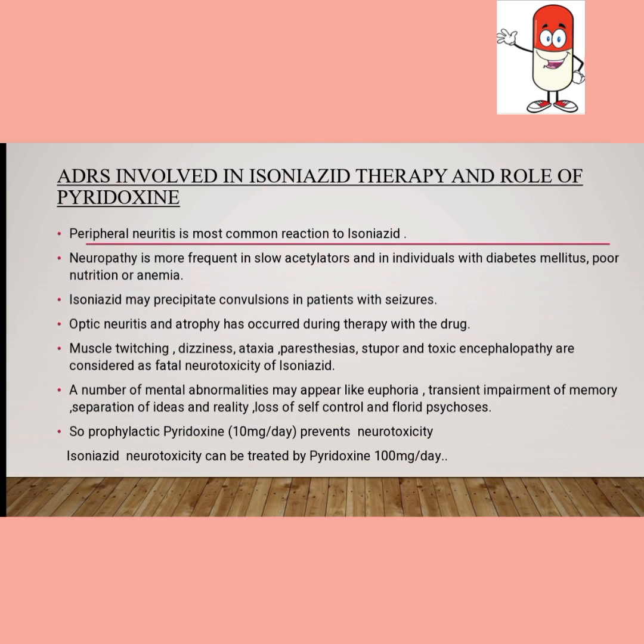So what we do is give prophylactic therapy, that is pyridoxine 10 mg per day. It will prevent neurotoxicity in people with diabetes mellitus, chronic alcoholism, and malnutrition, and in pregnant women, lactating women, and HIV patients. Isoniazid neurotoxicity can be treated by giving pyridoxine 100 mg per day.